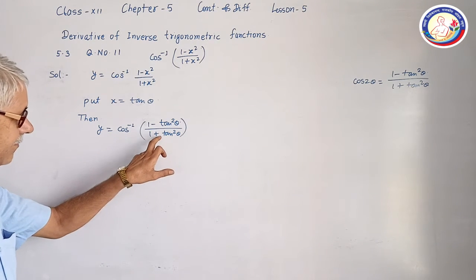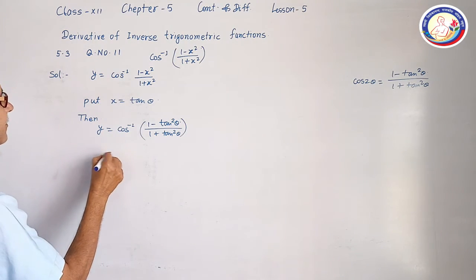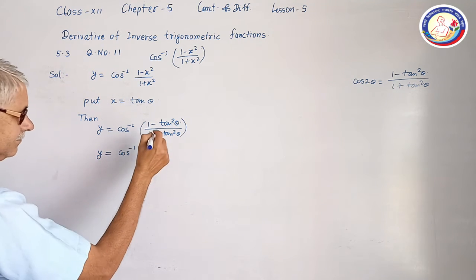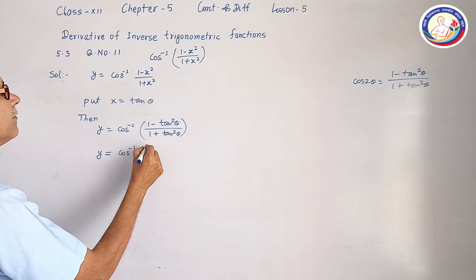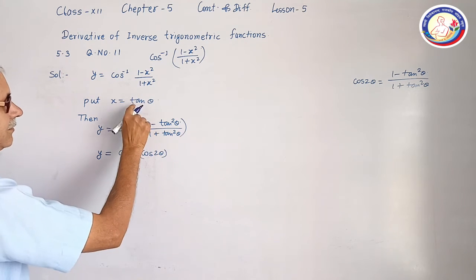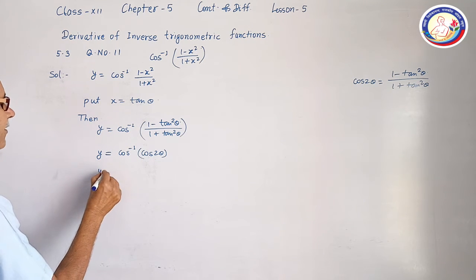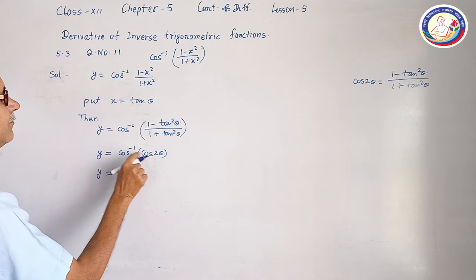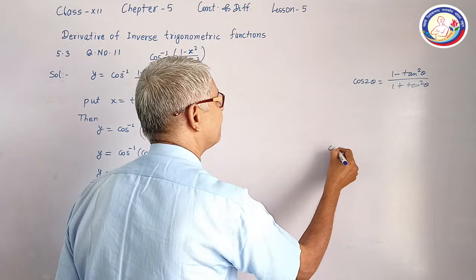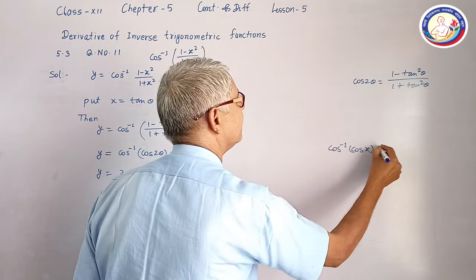Now, we can put here cos 2 theta. So this will be cos inverse of cos 2 theta, where theta is given by this expression. So y will be equal to cos inverse of cos 2 theta, that is simply 2 theta, by formula cos inverse of cos x is equal to x.